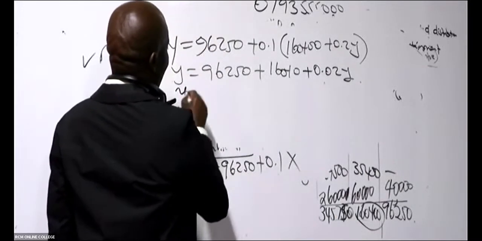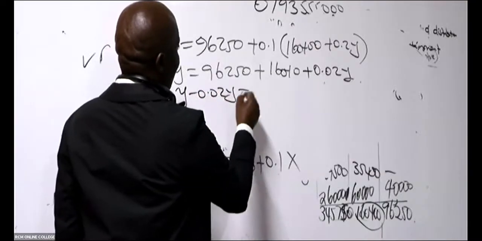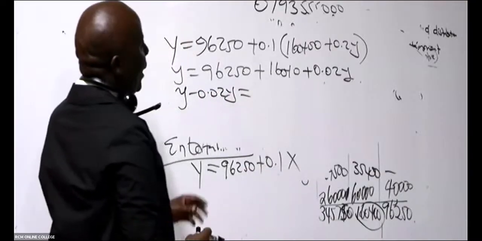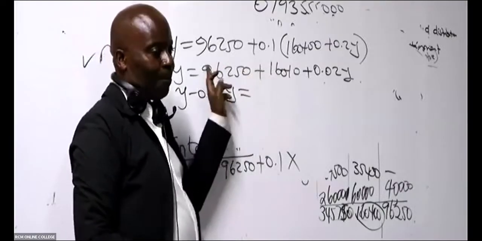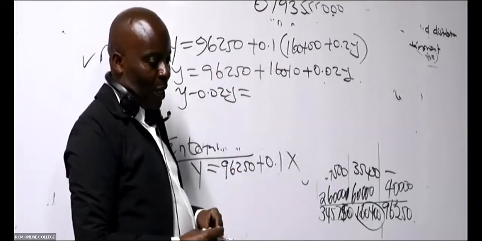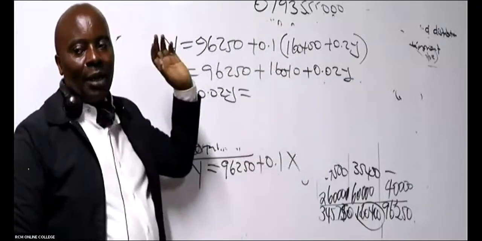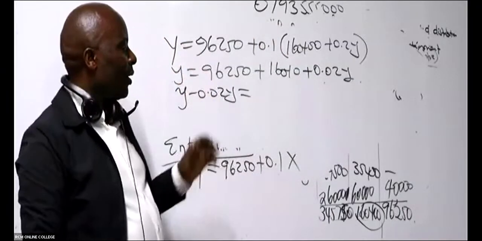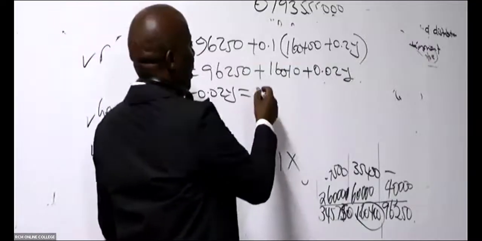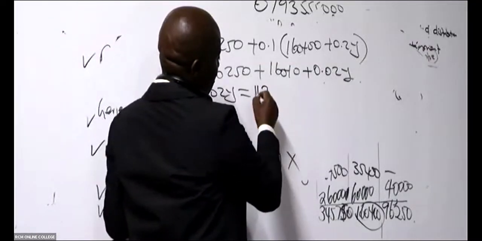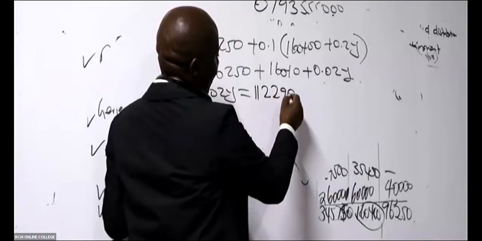So it will be Y minus 0.02Y equals, is there somebody who can add this up for me? Remember, this one here is positive; on the other side, it becomes negative. So this gives me 112,290.